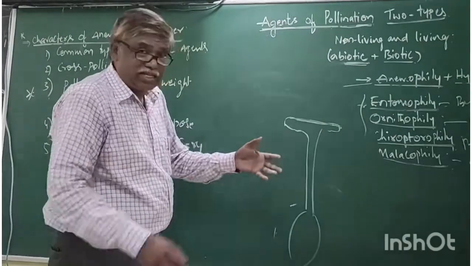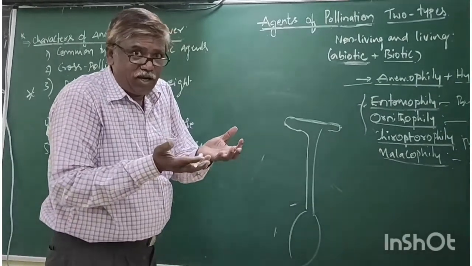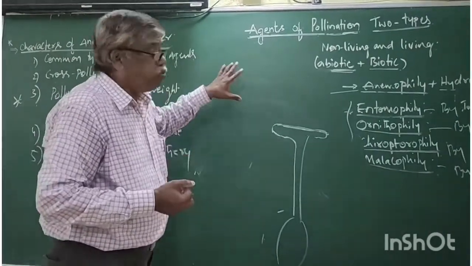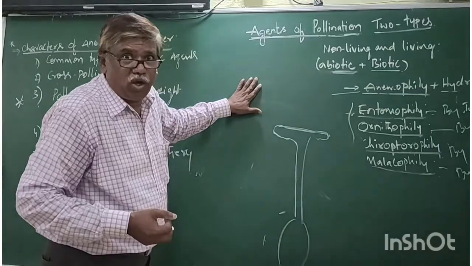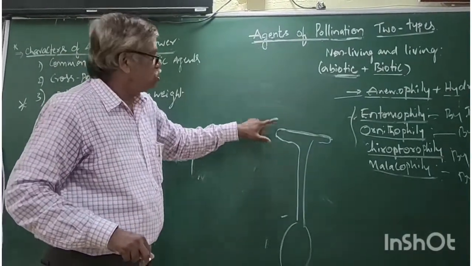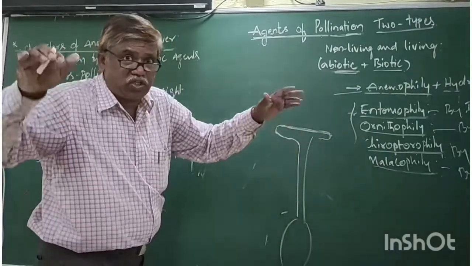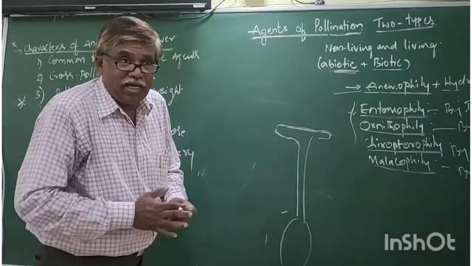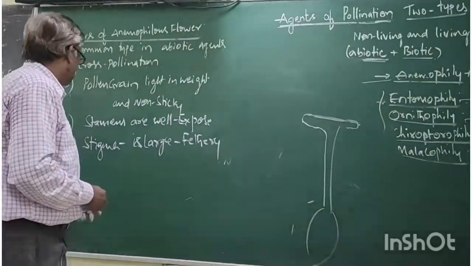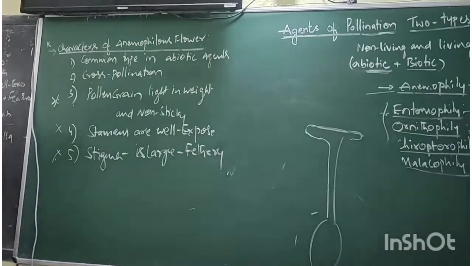If the surface is less, it is somewhat difficult to collect the pollen grains which are carried by wind pollination. So, stigma surface is large and feathery-like structure, which helps in easy trapping of pollen. Now, see, right, these are the three important characters.